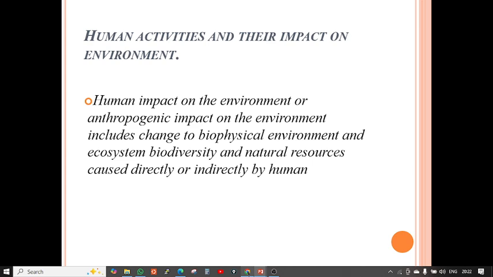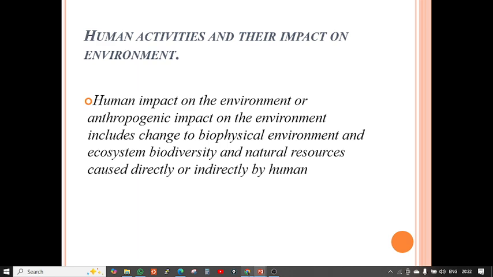Biophysical environment means whatever is present in our surroundings, whether natural or artificial. Mostly nature gives us our air, water, and all the things in our environment. So biophysical means the environment which has both abiotic and biotic factors, meaning non-living things and living things that are indirectly or directly related to our health, and these are altered. Once the balance in nature is altered, adverse effects may be seen in different kinds of animals and plants.